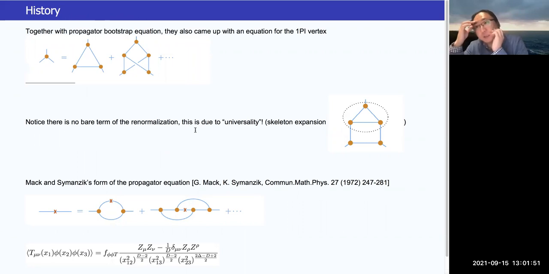I think for me, the most direct way to do this is to consider the renormalization of your couplings. You start from the phi cube theory, and you do the renormalization in the Euclidean quantum field theory. How would you do that? You just write down all the Feynman diagrams at each loop.